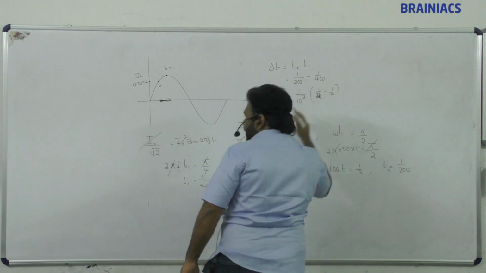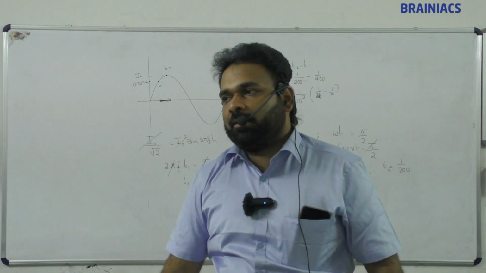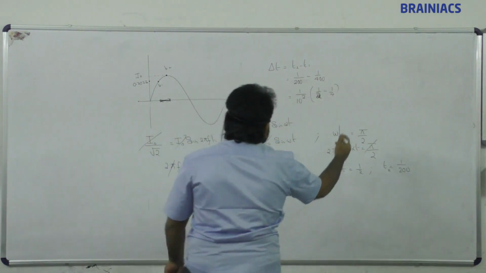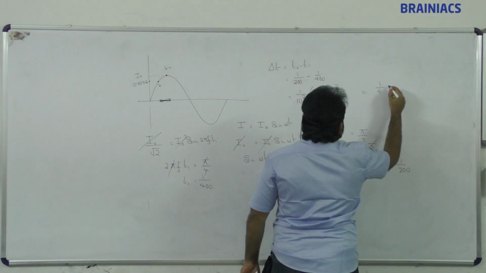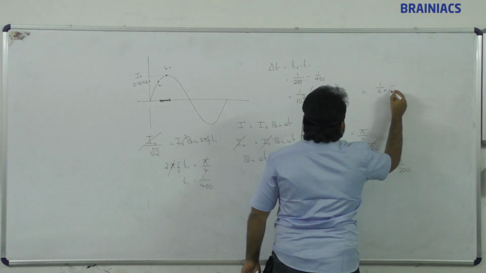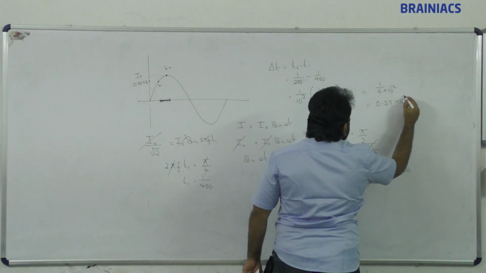Half minus a quarter is a quarter. So this is 1 by 4 into 10 raised to minus 2, that is 0.25 into 10 raised to minus 2.